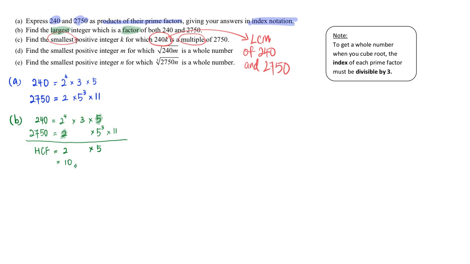For part C, notice we are trying to find the smallest integer k such that 240k is a multiple of 2750.